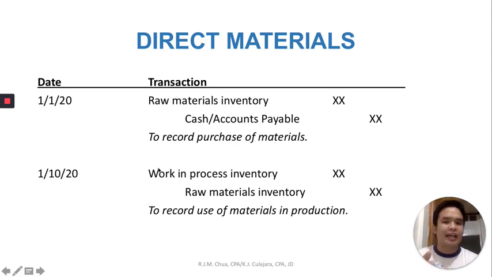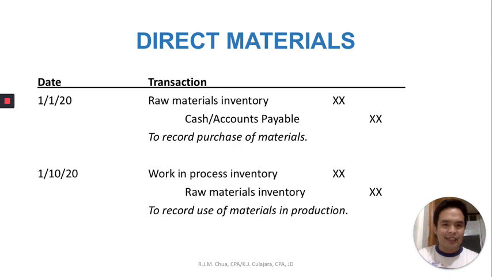Another special account. So, if it's raw materials, then babawasan sa mga raw materials and we will now put it into production. It is now work in process, debit work in process inventory to record the use of the materials in production. So, ganun yung mga entries sa direct materials.